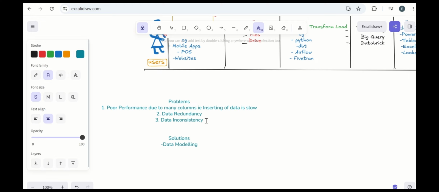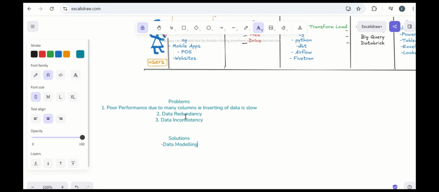Data modeling basically is the process of designing our data in a way that we solve these three problems, in a way that we don't have data redundancy, we don't have data inconsistency. Also, the inserting and updating of data is much faster, and so forth.